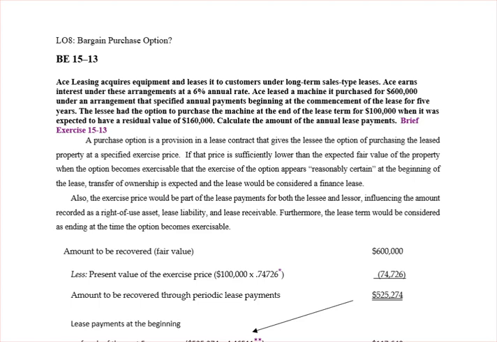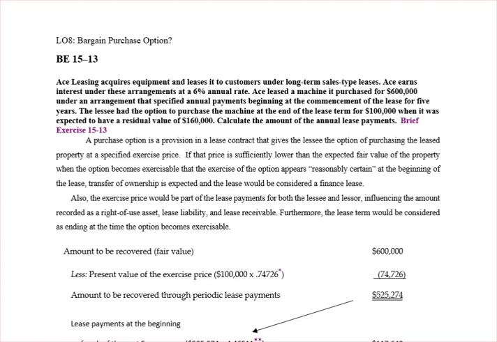So here we have the option up here to purchase the machine at the end of the lease term for $100,000. Well, you need to use the 100,000, okay? Because it says it was expected to have a residual value of 160. Well, what are they saying when they give you that?